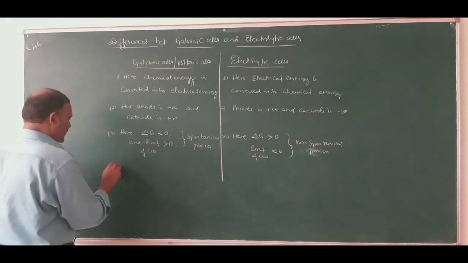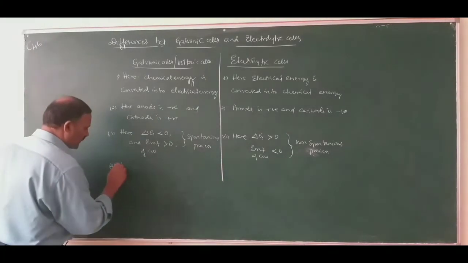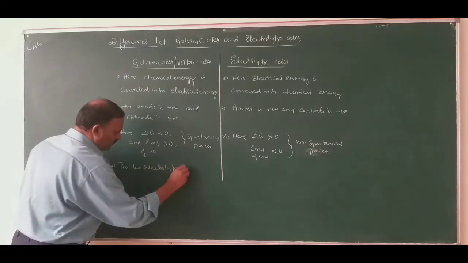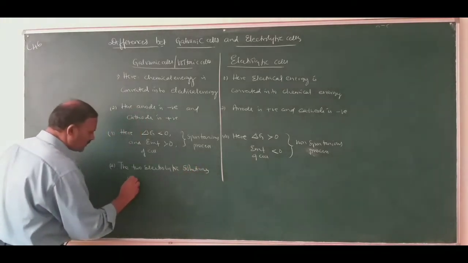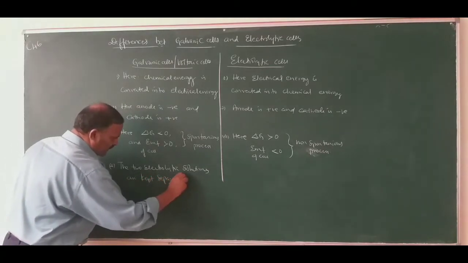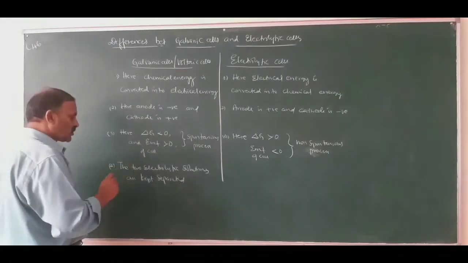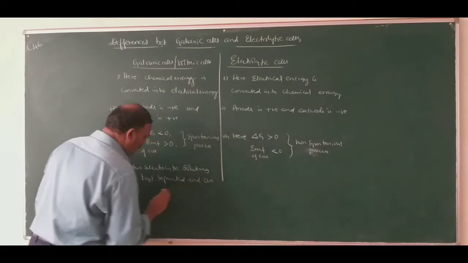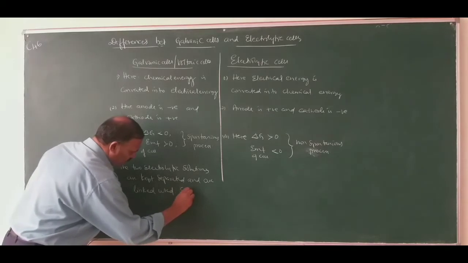So the fourth difference is, in galvanic cells, the two electrolytic solutions are kept separately. That means the electrolyte solutions of both the electrodes are kept separately and are linked using a salt bridge.